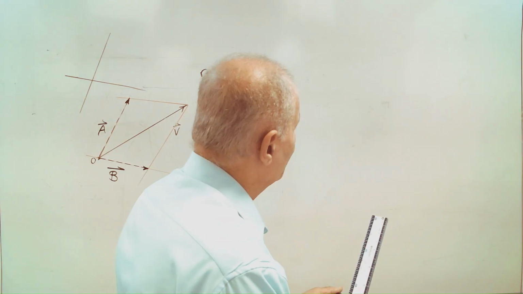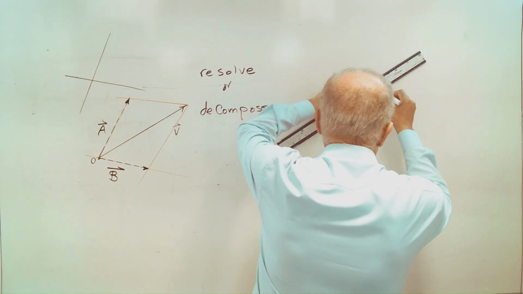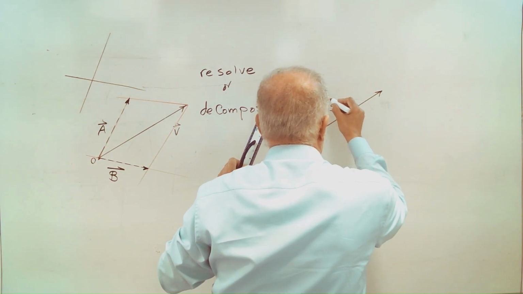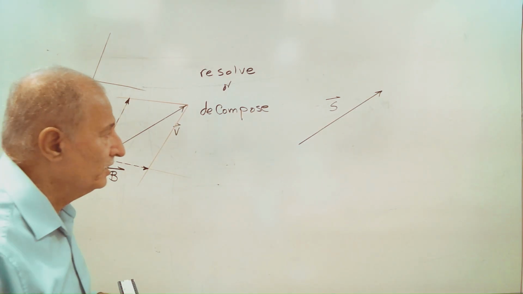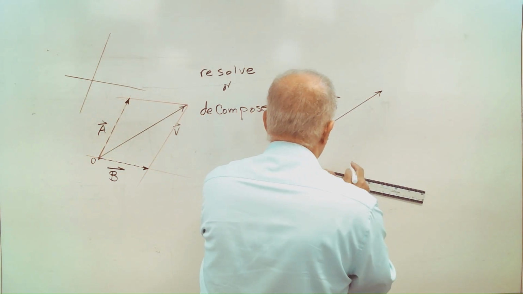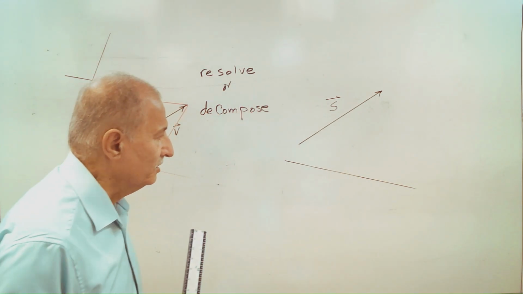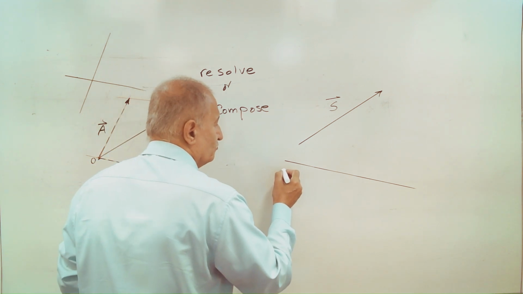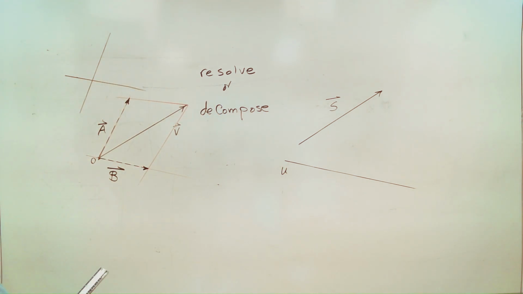Assume that again, we have another vector, vector S, and I want to find its projection on an axis or a line, like direction W or U, like this direction.